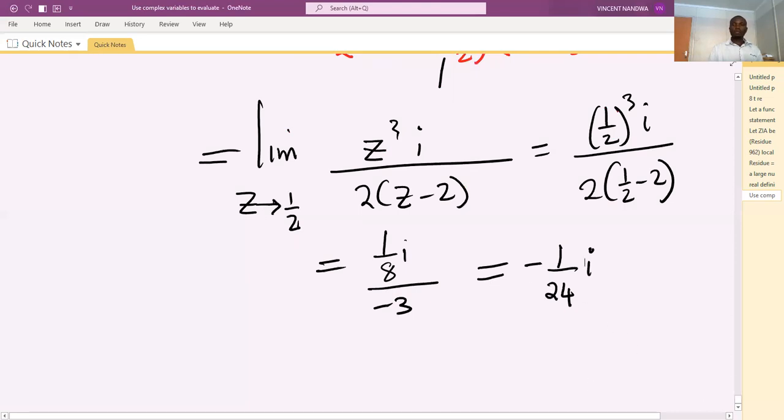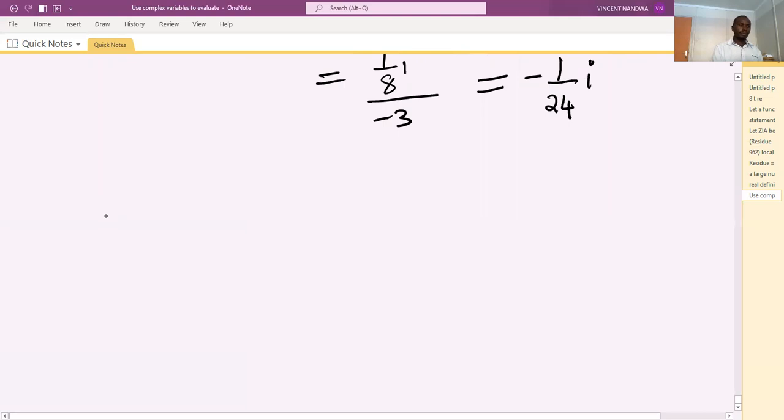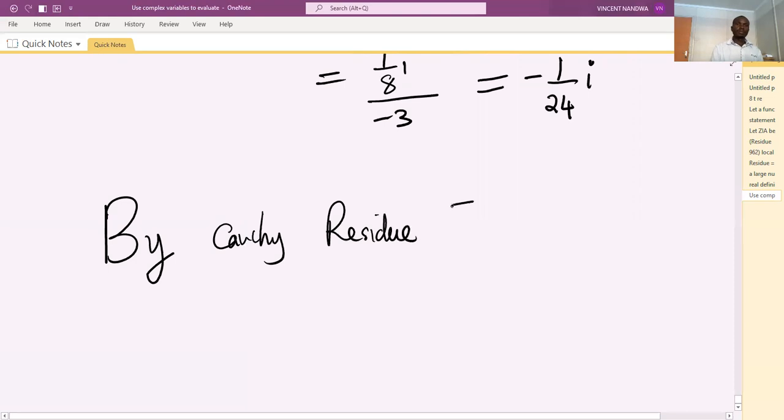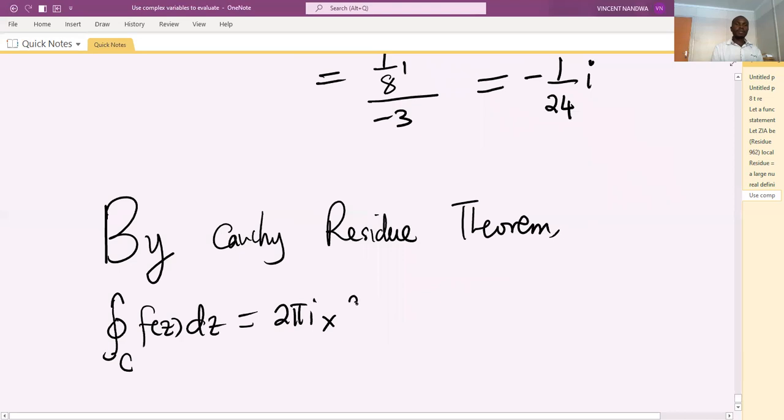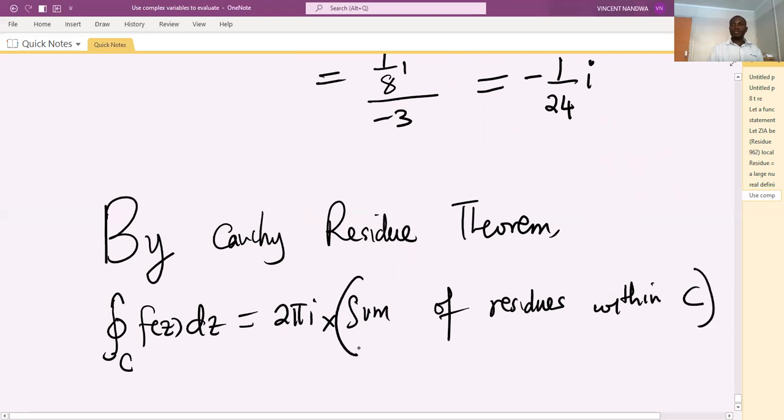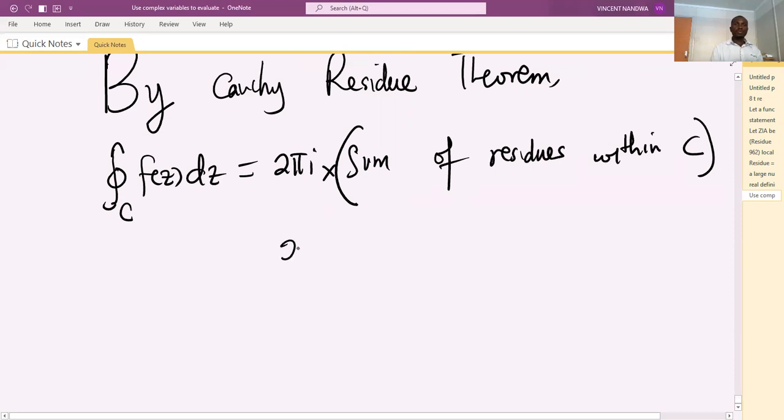Then by Cauchy residue theorem, the integral along C of f of z dz is 2 pi I times the sum of residues within C. But because it's just 1 for our case, we'll have 2 pi I times negative 1/24 I. And you see, negative I times I is 1.